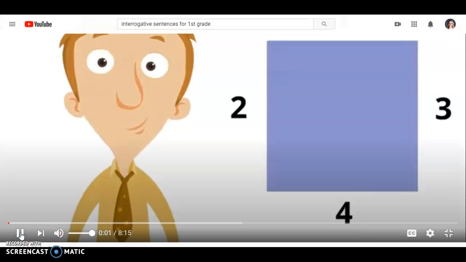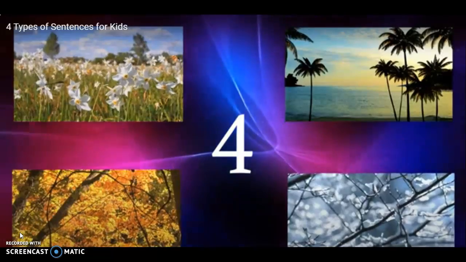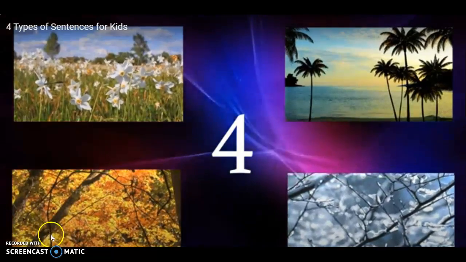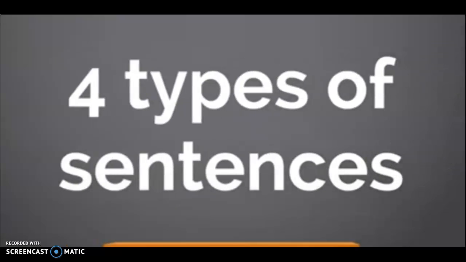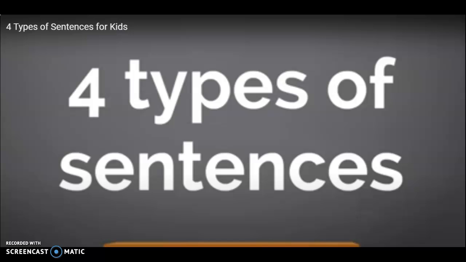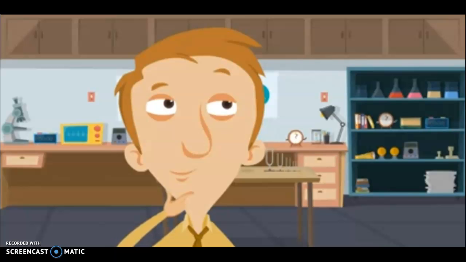A square has 4 sides. There are 4 cardinal directions, north, south, east, and west. There are 4 seasons in a year. But did you know that there are 4 types of sentences? That's right. And you are about to learn all 4 of them. Later in this video, we are going to quiz you and ask how many types of sentences there are.